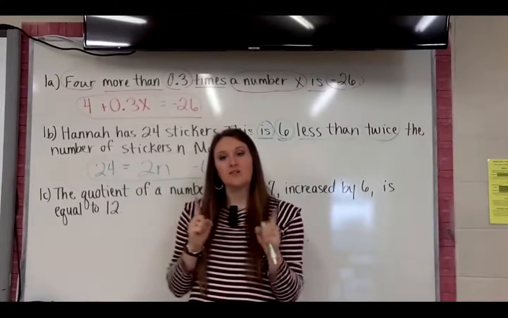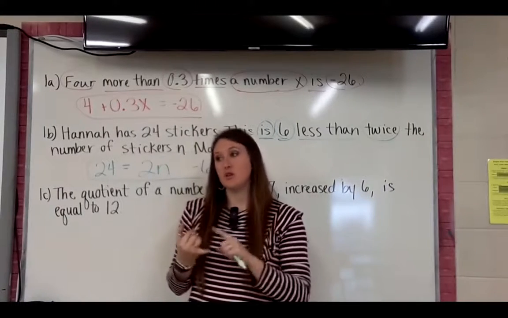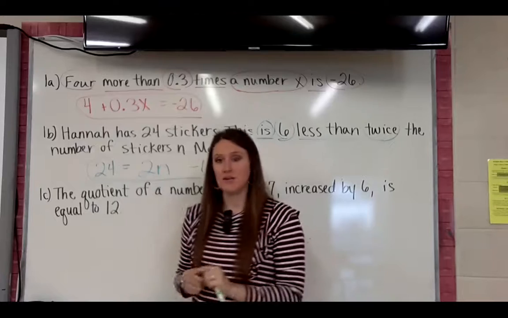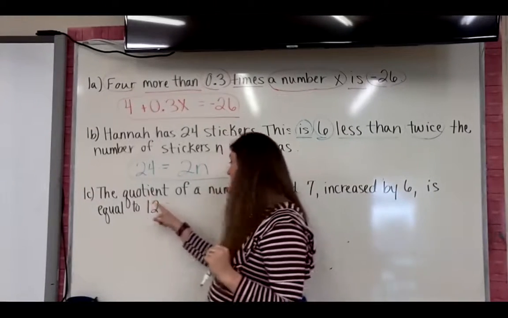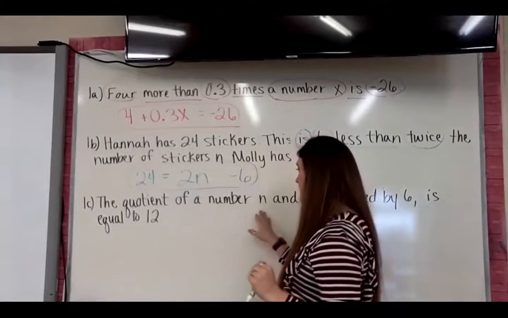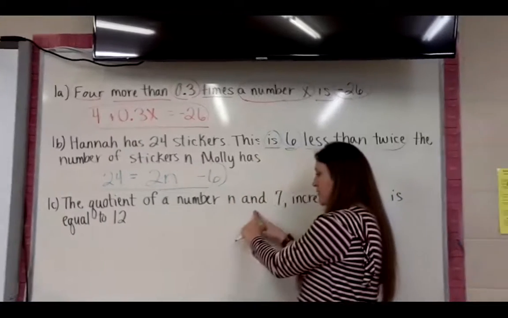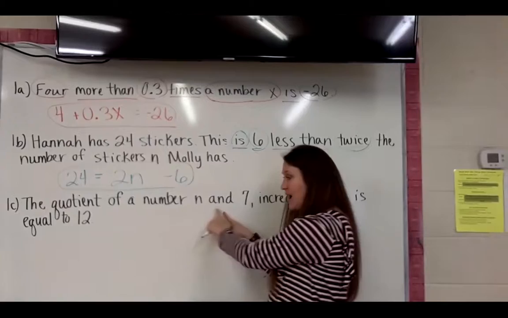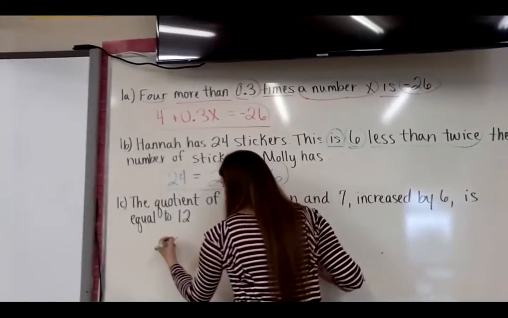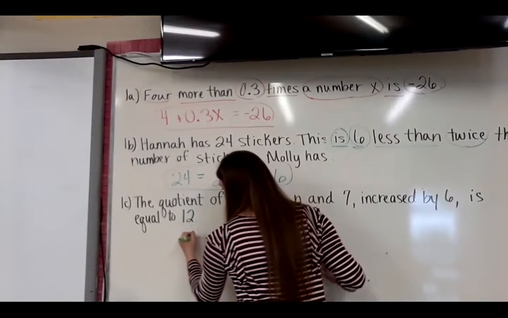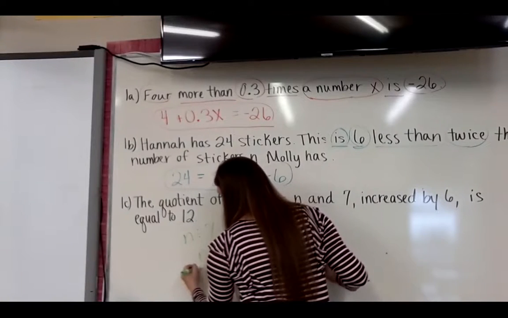And what's on either side of that word and will tell you what you're either multiplying, dividing, adding, or subtracting. So quotient means we're dividing, so let's go find the 2 things that we're going to divide. Of a number n and 7. That word and tells me the 2 things I'm dividing. A number n and 7. So the quotient of n and 7, so you could either put it n divided by 7 or n over 7.